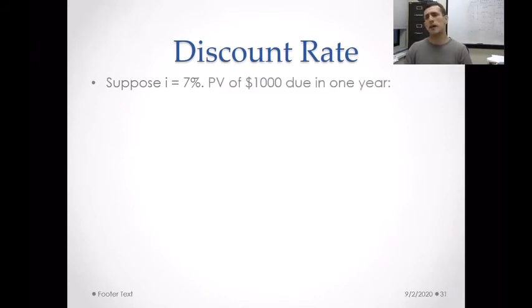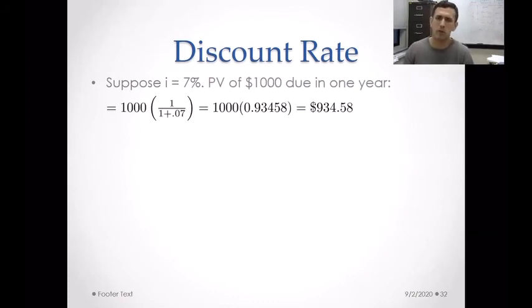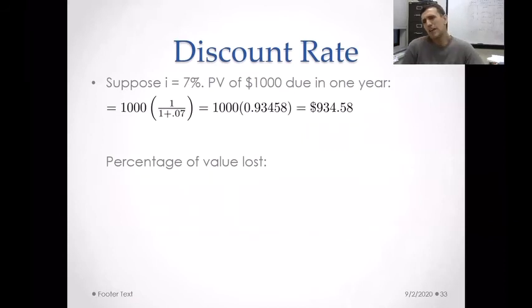What does the present value of 1,000 do in 1 year? Well, we know how to do that. We just plug into the formula. Our present value factor is 1 over 1 plus I, which is 0.93458. So that's going to be $934.58.